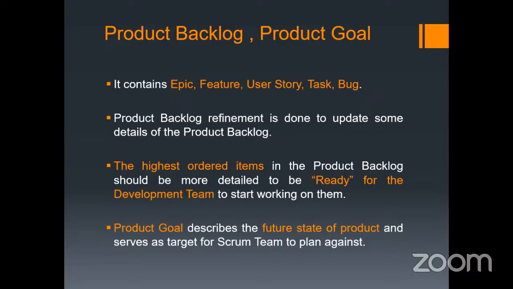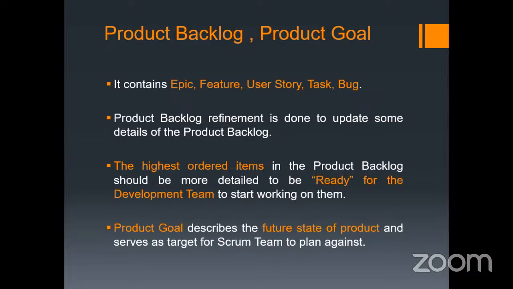Means all the product backlog items which are totally described, totally explained by the product owner, are called ready. Those are the ready product backlog items, and those will be considered for the sprint backlog.